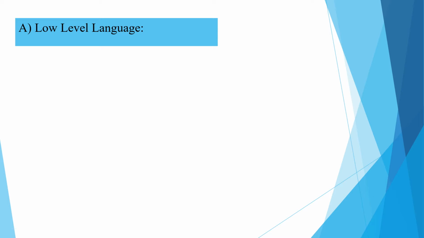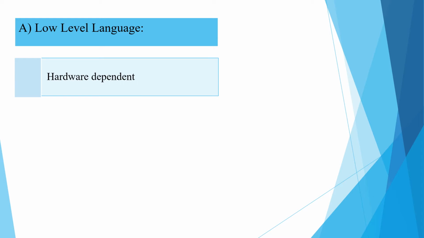Now we go for some features of low-level language. First, these languages are hardware dependent. What does it mean? It means the code has to be written for a specific hardware. As your hardware changes, there are changes in the code. So that's why it is called hardware dependent.